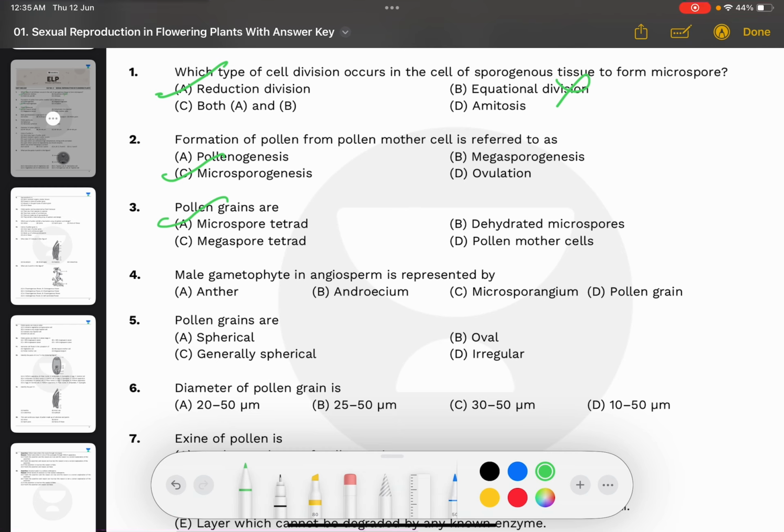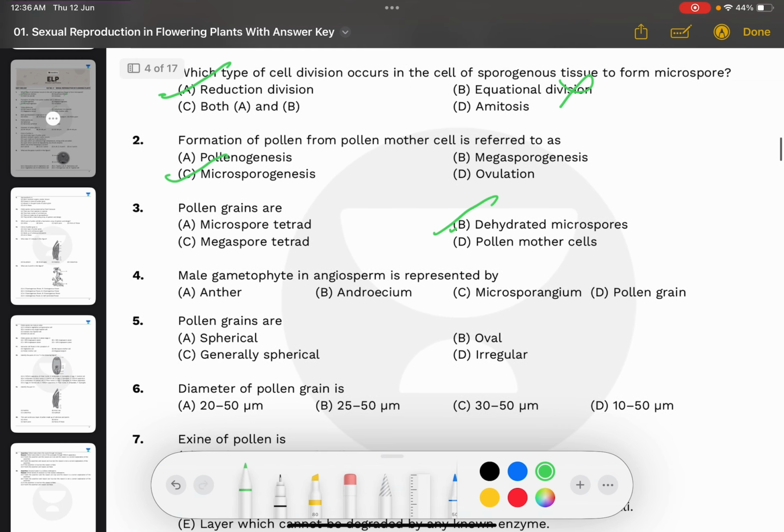It is not in the NCERT. Yeah, but even then, I am 100% confirmed it is microspore tetrad. Pollen grain, I am thinking, is a microspore. It's not tetrad. It's one.